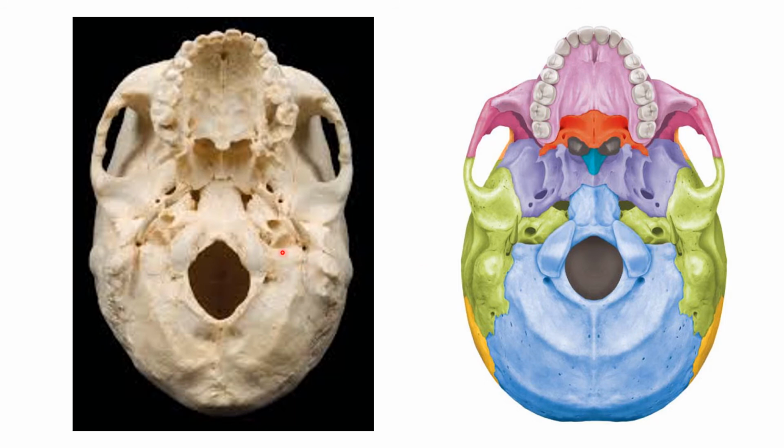And then we have the Foramen Magnum, which essentially means a really big hole, and this is where your spinal cord begins and passes through. So we have the Foramen Ovale, the Carotid Canal, the jugular foramen, and the Foramen Magnum.